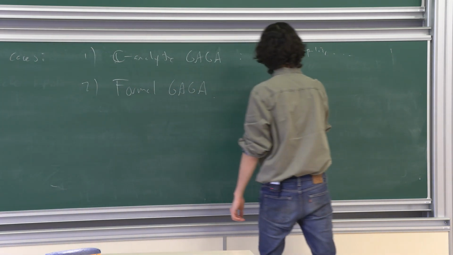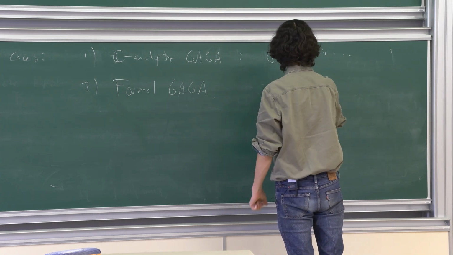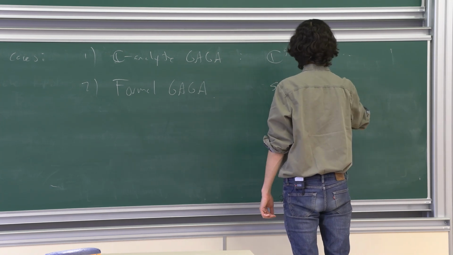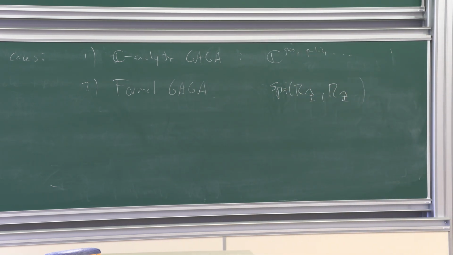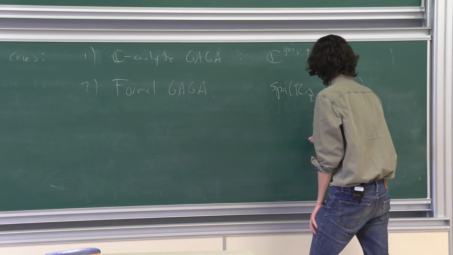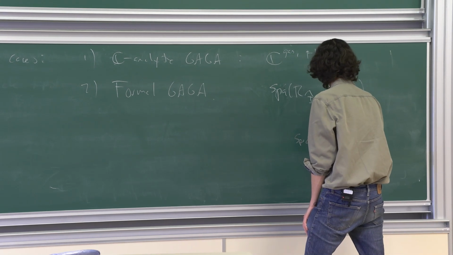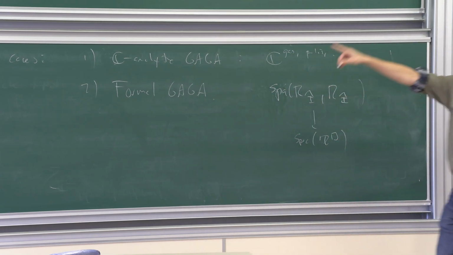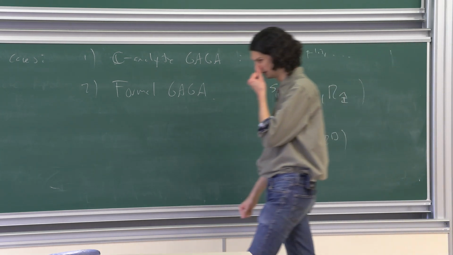Then you would take Spf, well, maybe I should say Spa. So in terms of Huber pairs, you would work over this, which lives over solid Z, and therefore inherits the notion of analytification from solid Z based on the closed unit disk.